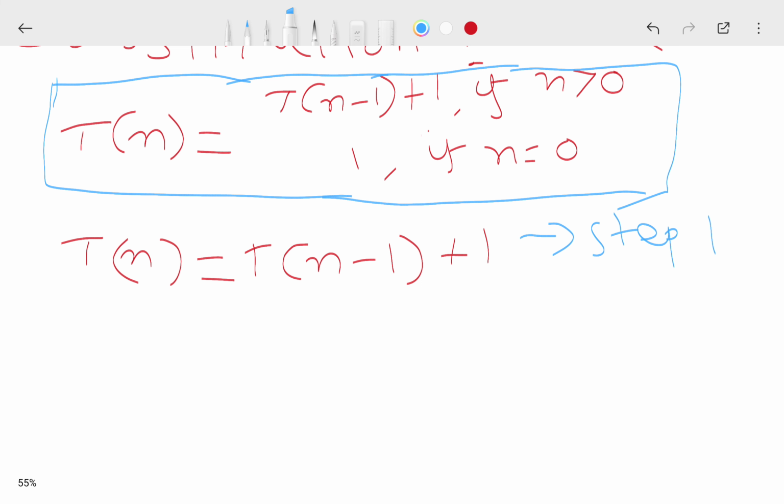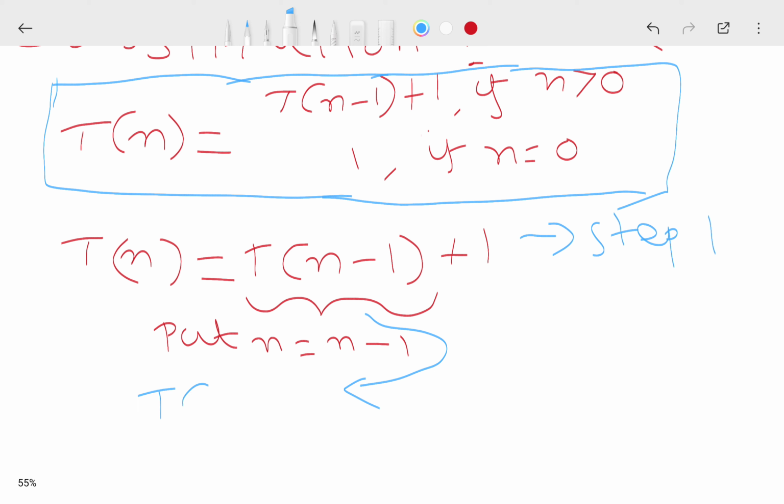In this step, to solve the actual function T of n, we should know the value of T of n minus 1. We know the value of T of n is T of n minus 1 plus 1. So put n equal to n minus 1 in this statement.